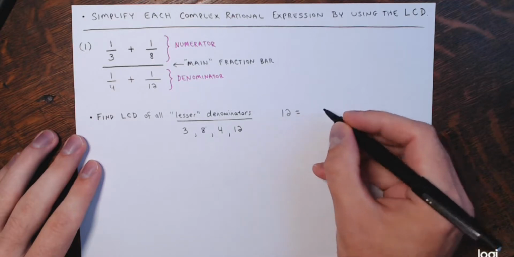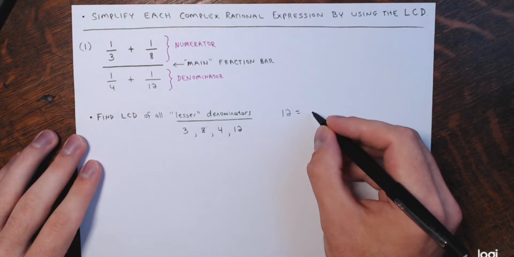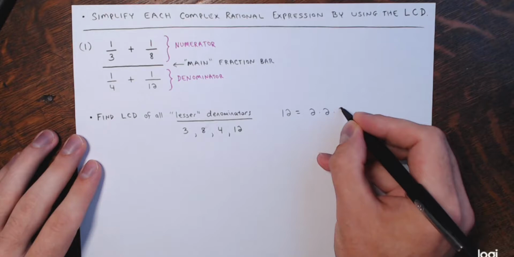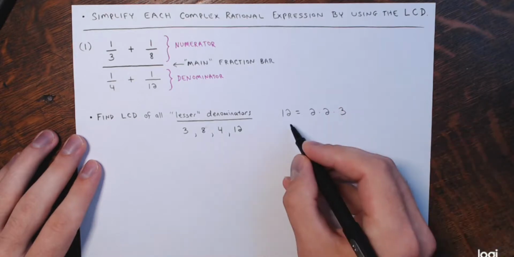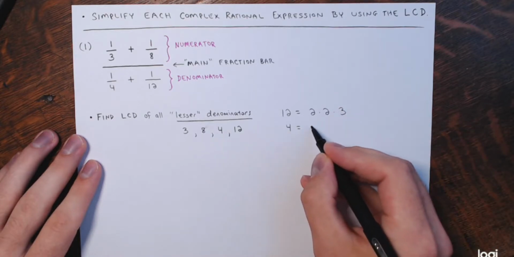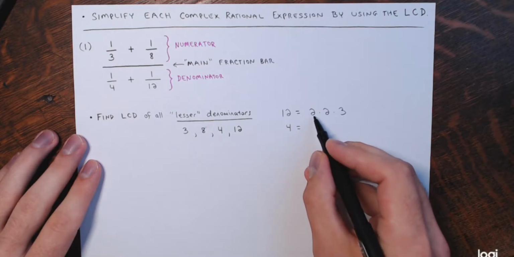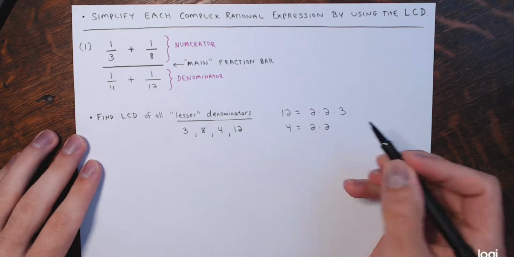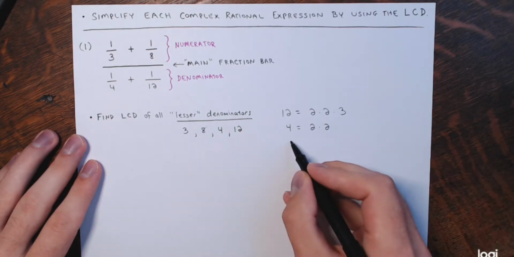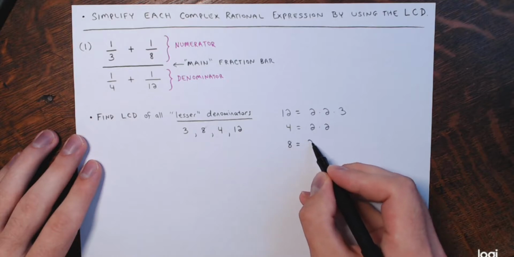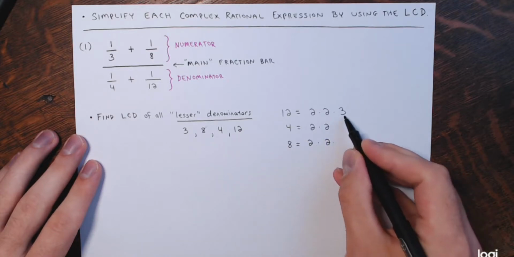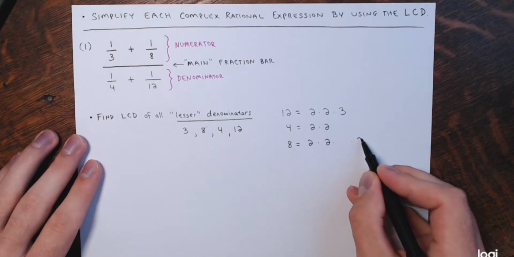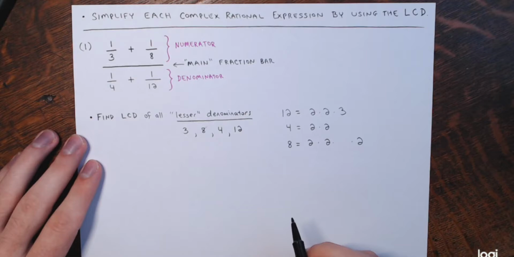So one way to do it, I guess the long way, would be to write 12 as 2 times 2 times 3, and then line up any common factors. 4 is 2 times 2, which are common with that 2 and that 2. 8 is 2 times 2 times now another 2, but I'm not going to line it up with the 3, so I'll put the times 2 over here in some other empty space.